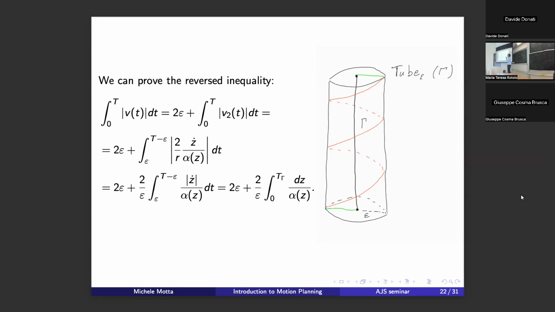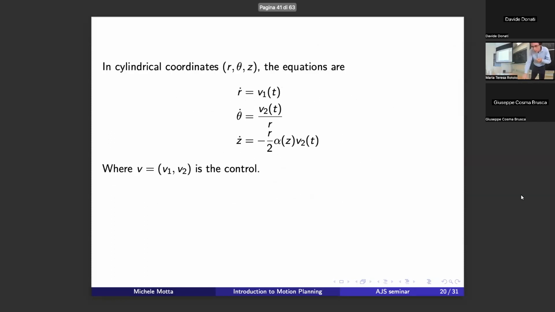So first you use just this control, so you move radially, and then you use this other control.